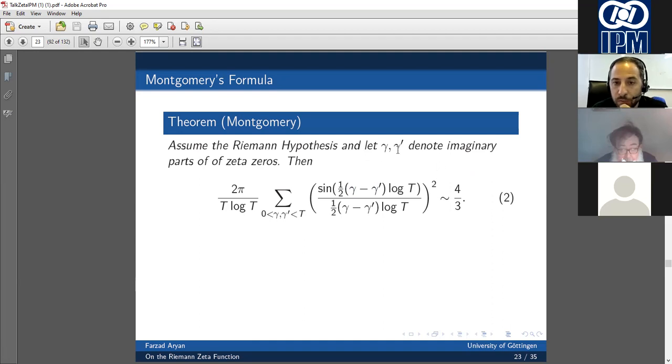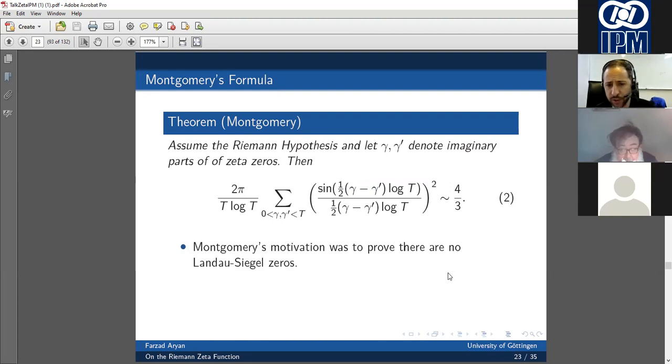Montgomery proved this theorem when he was working on the pair correlation of the zeros of the Riemann zeta function. His motivation was a very important problem in analytic number theory that many people tried and failed: to prove there are no Landau-Siegel zeros. Landau-Siegel zeros are not zeros of the Riemann zeta function.